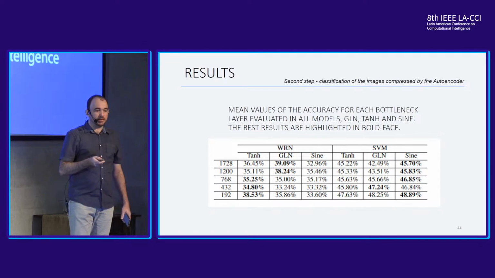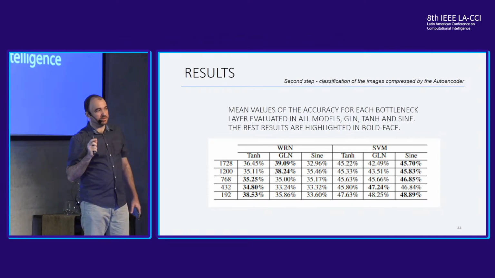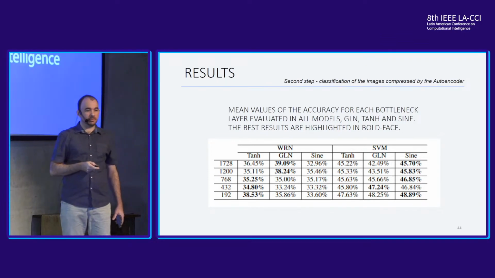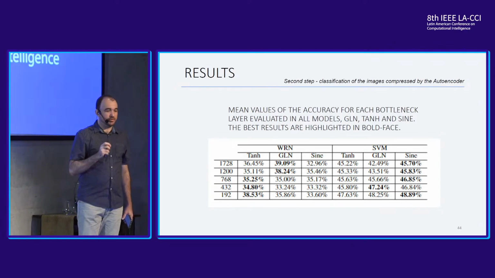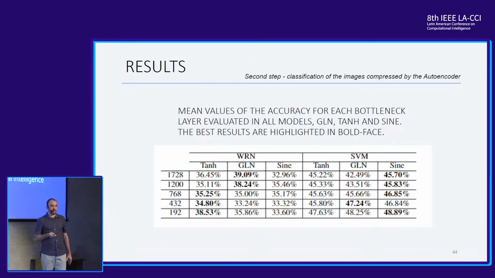As we can see, the GLN obtained the best result for the less thin bottlenecks, 1728 and 1200 neurons in the bottleneck, and different results for the SVM. The SVM obtained almost the inverse of the results in WRN: TANH performs better for the most compressed, and on the other side, SIN gives better results.